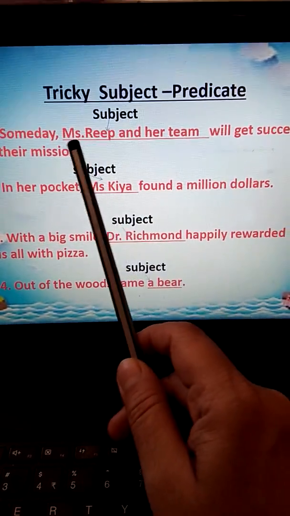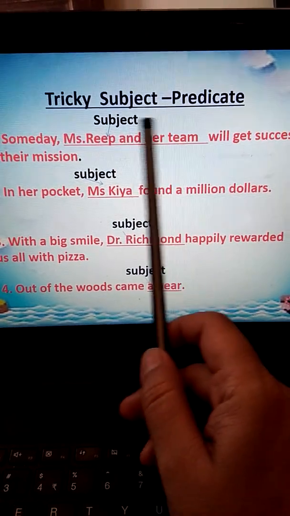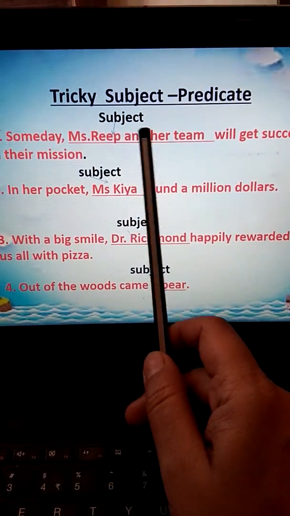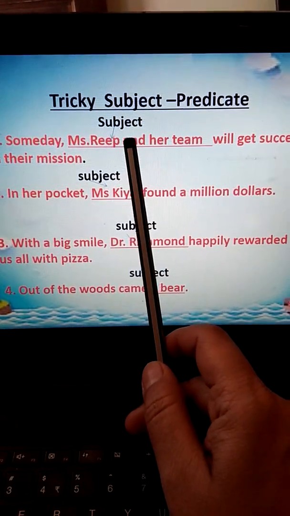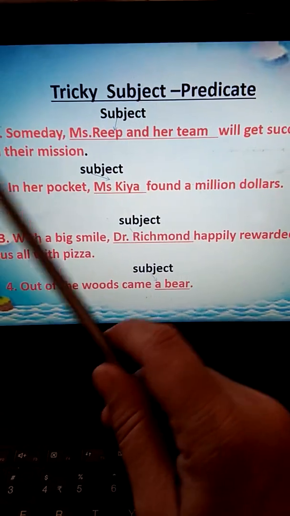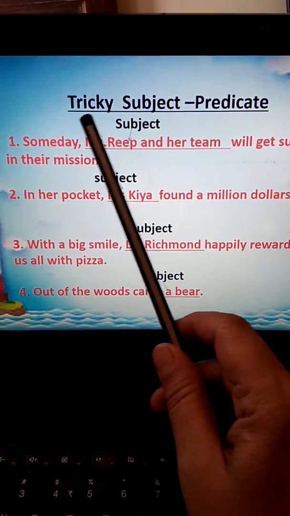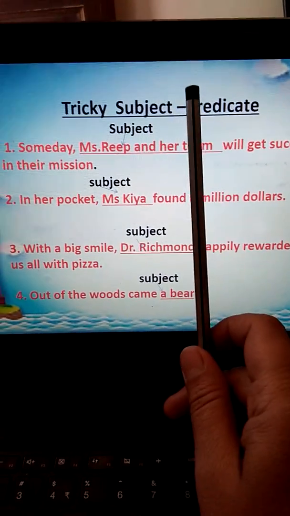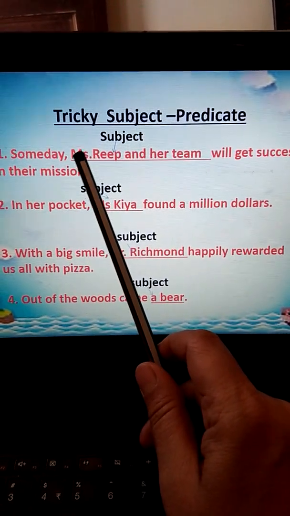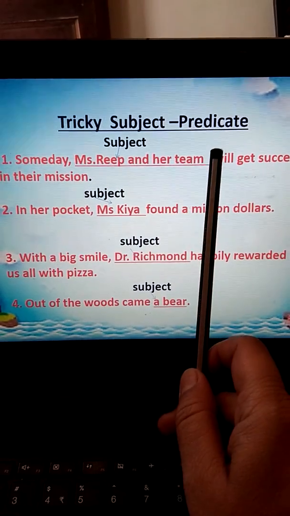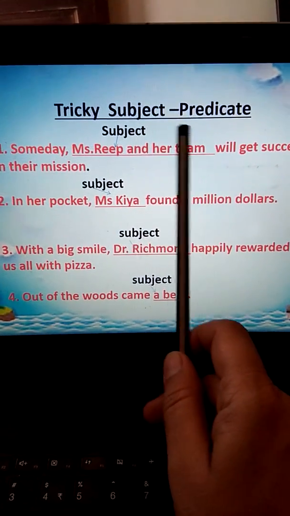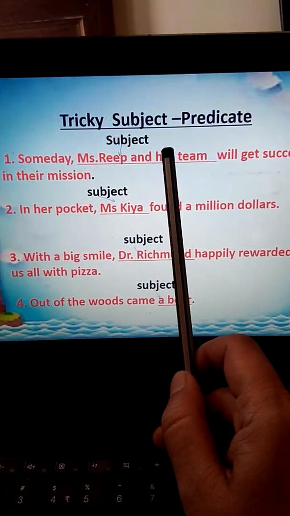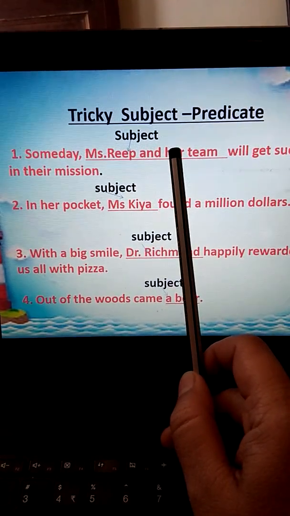So first tell me, Miss Reep and her team, this is which type of subject? Compound subject, right? Joined by the word and. Are we talking about someday? We are not talking about someday. So we cannot say that someday is the subject. About whom are we talking? We are talking about Miss Reep and her team. So this is our subject, which is in the middle of the sentence.